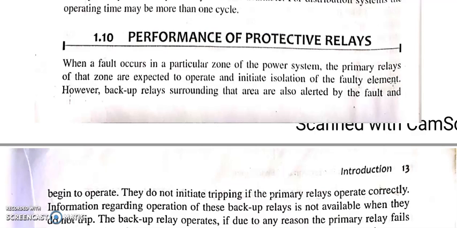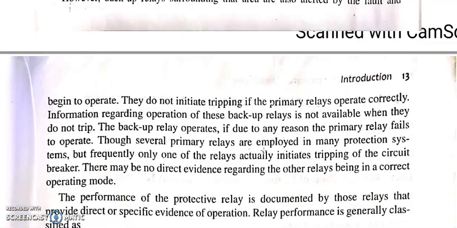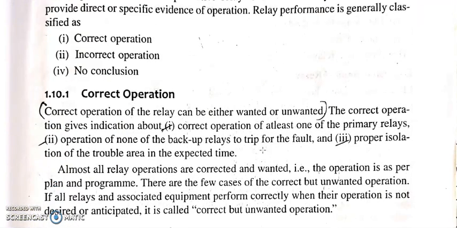Okay, first one is correct operation. We shall see what exactly the correct operation is. The correct operation of the relay can be either wanted or unwanted. So usually what happens, sometimes the relay operates and we desire that operation, or sometimes we don't desire that operation, but the relay operating will be fine.